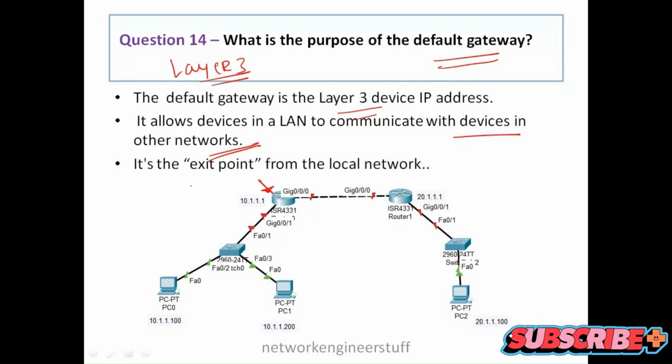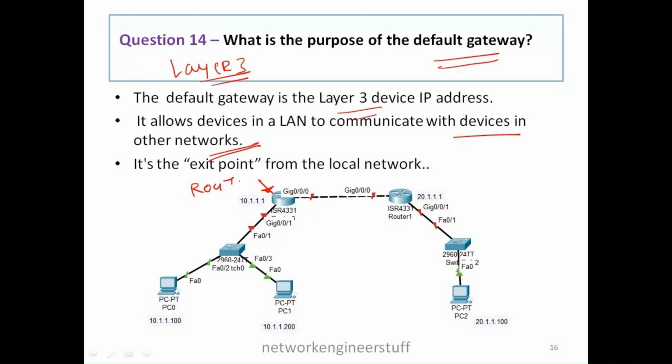So here is the placement of this layer 3 device, the router. This is a router, this is also a router, this is a switch, this is also a switch. Now you are understanding the placement of these devices in the network.